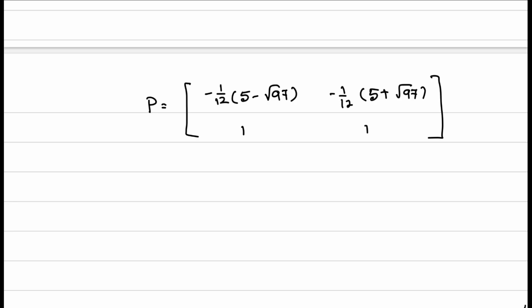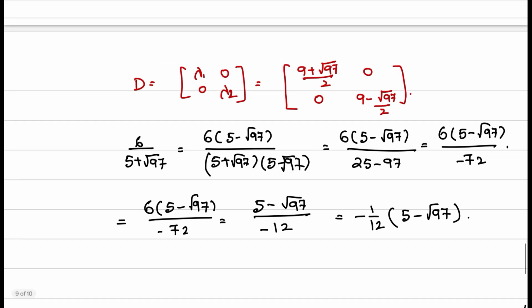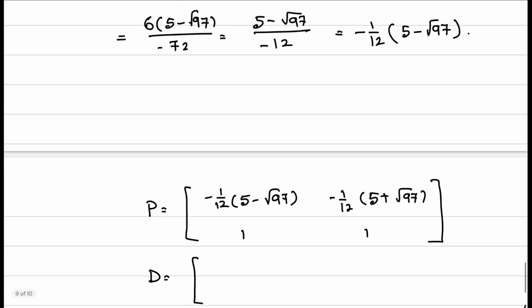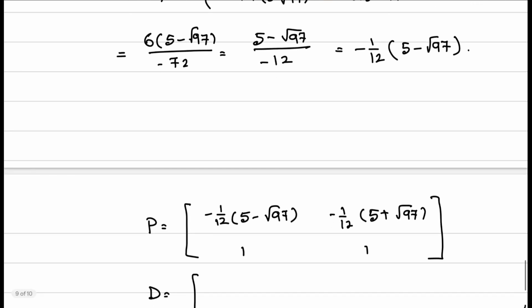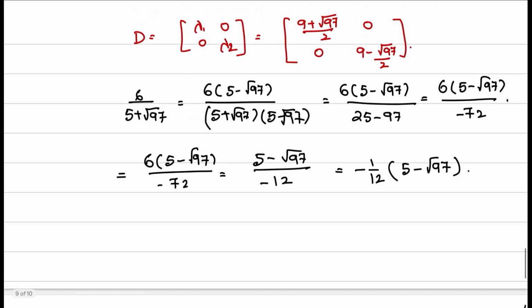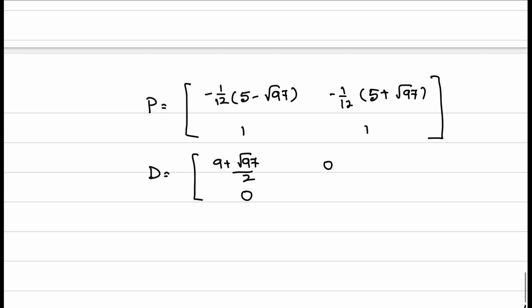We have got the D value: (9 plus square root of 97) by 2, 0, 0, (9 minus square root of 97) by 2. Cross checking these things, please do it as homework.